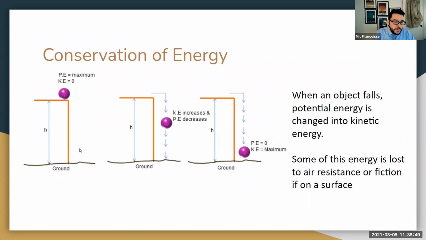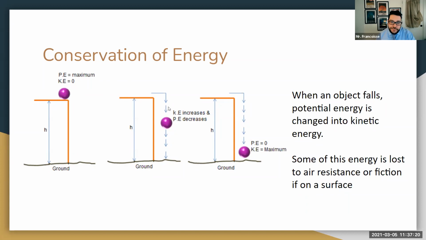So we talked about the conservation of momentum before. So this idea that momentum before and after reaction was the same. We have this same idea with conservation of energy. So if we have an object that is some height off the ground, it has its highest potential energy at the top, and it has its highest kinetic energy at the bottom.